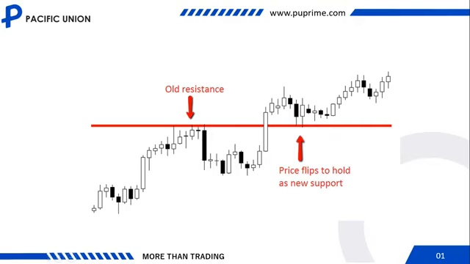By the time they get to the region of the resistance, they conquered the sellers' ground, and it became their playing ground, if you would help me use that word. So basically that's what happens when price flips to hold new support.